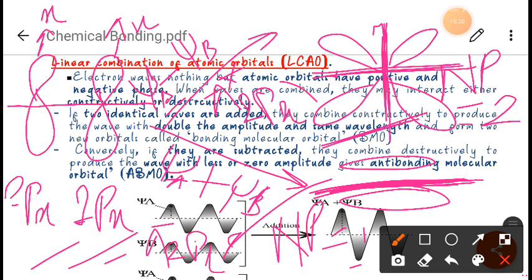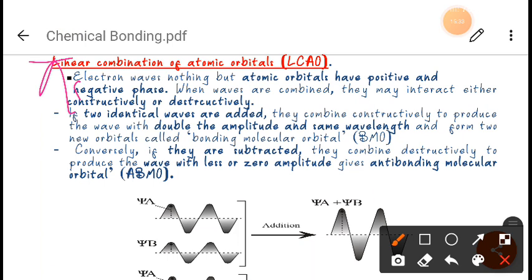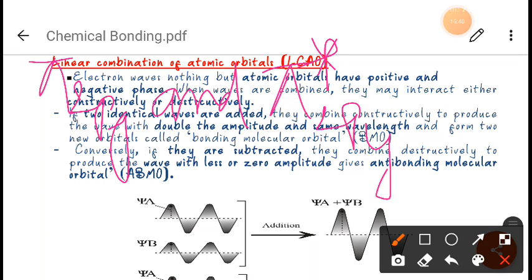Now if we are talking about the formation of pi 2py and pi star 2py, the molecular orbital by the linear combination of 2py atomic orbitals can be explained in a similar manner as we have already discussed here.